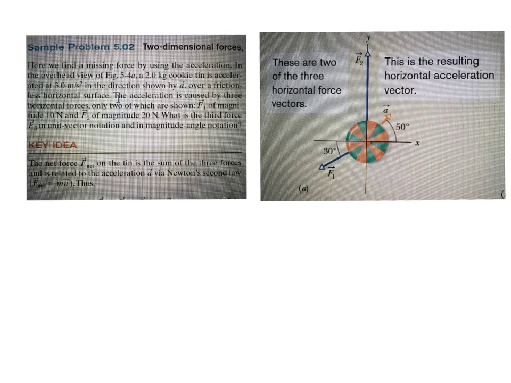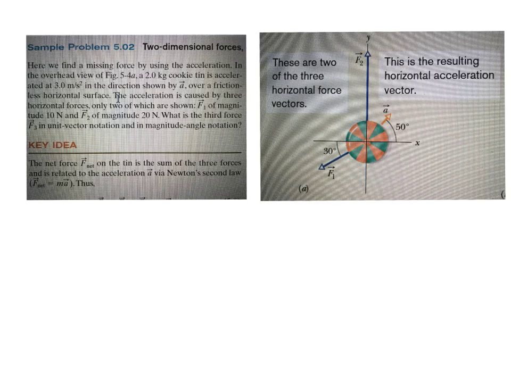F1 is shown, and F2. F2 is on the y-axis right there. It's kind of hard to see it. So those 2 forces are given, and the question is, what is the third force that causes this acceleration?